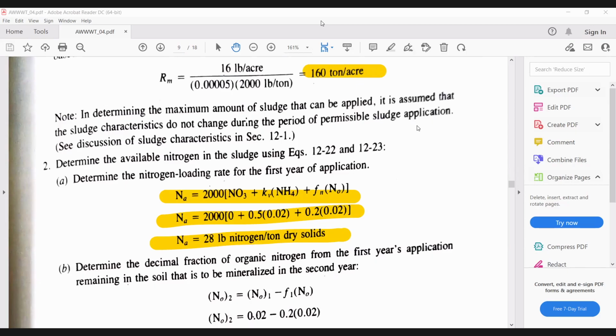Now, next, because cadmium is the limiting factor here, nitrogen is our requirement, and available nitrogen is required. So first we are going to calculate for the first year, second year, and third year. Why? Because we already discussed in the previous class that all the nitrogen is not going to convert at once; every year some part is going to convert. So here the factor is 0. Why is it 0?